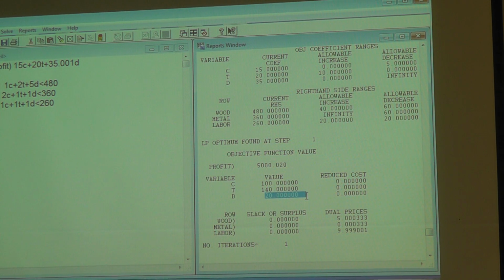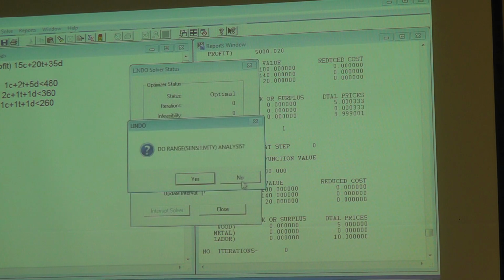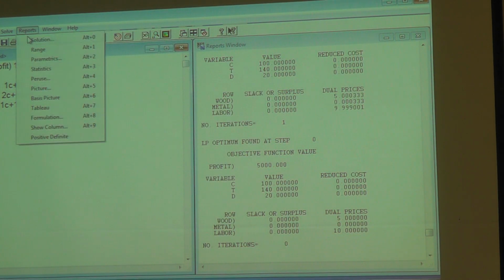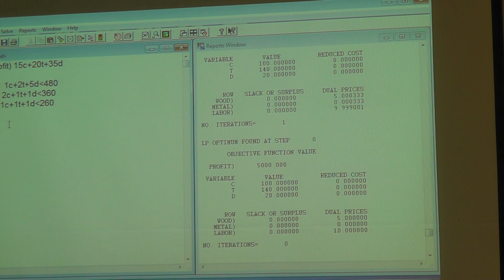I actually don't know whether there is an option to find all optimal solutions, not just one of them. No, I don't think so.